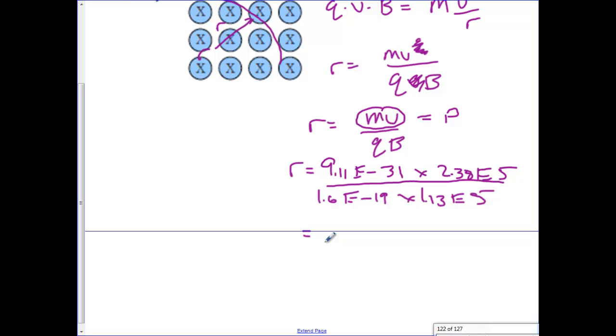So it actually isn't that bad, but you just have to remember that you can put these two formulas together and then do a lot of rearranging.